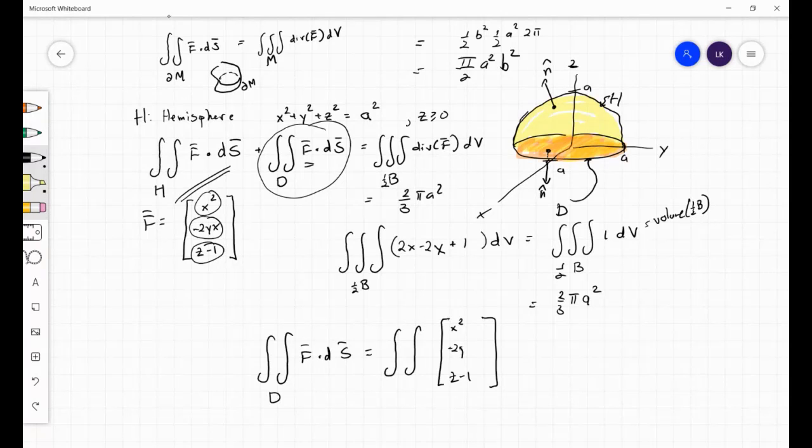Well, D is in the xy plane, correct? So that means Z is 0.